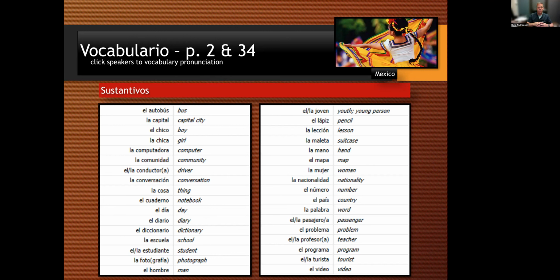El día, el diario, el diccionario, la escuela, el estudiante, la estudiante. So this word with an el in front makes it masculine for a male, and la would make that same word feminine for a female. La foto. La fotografía is the whole complete word.